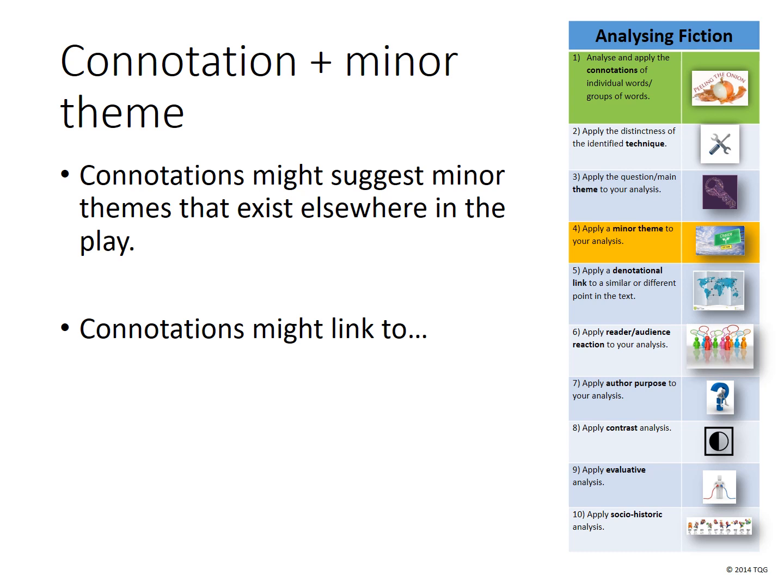Another type of analysis that you can do is to analyze connotations and minor theme. So these minor themes might exist elsewhere in the play too, and connotations might link to any minor theme that exists in the play. And there's about 100 or so generic minor themes that you could apply to almost any text.